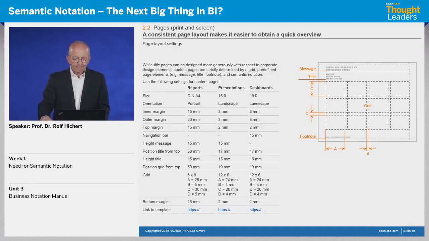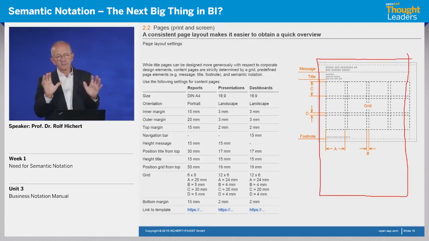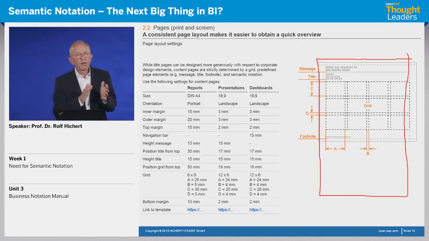The first one is a clear picture of what is the grid we use for, let's say, PowerPoints, for report pages, for screens, how are the margins, and what is the size of the different parts of these pages. This is the page layout.